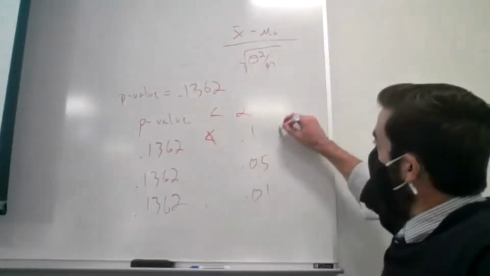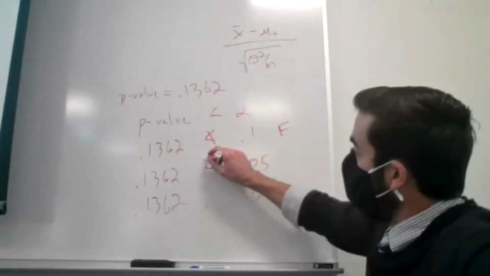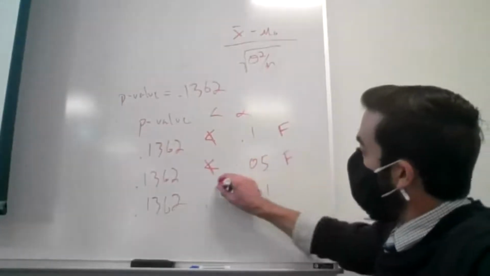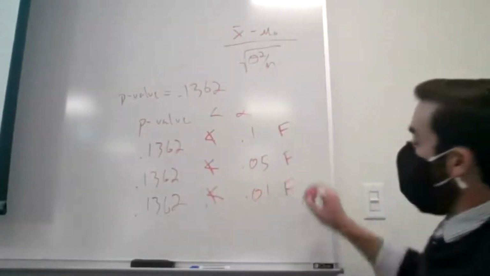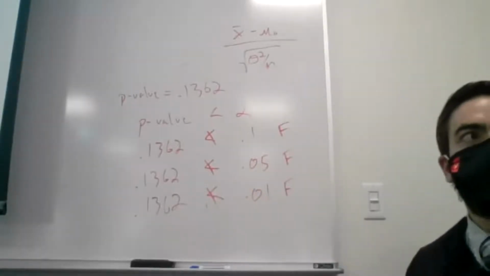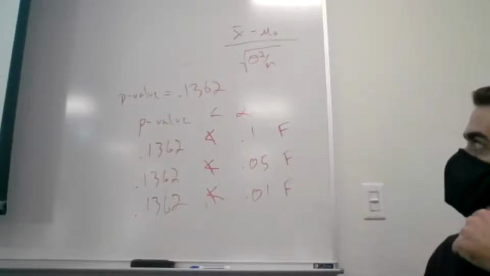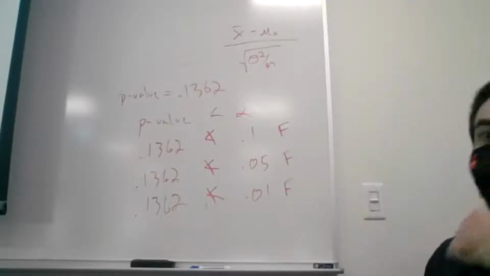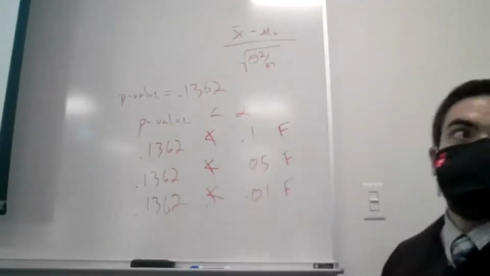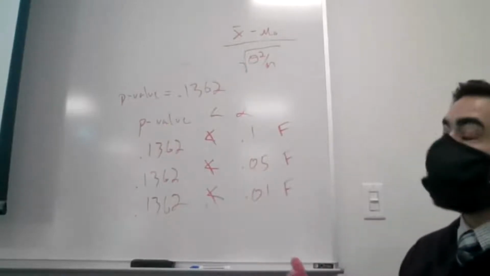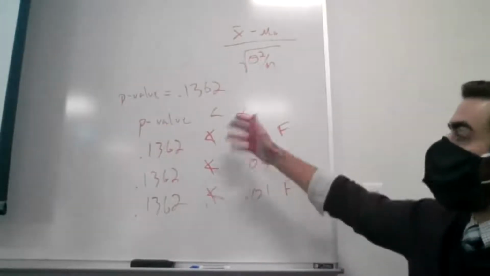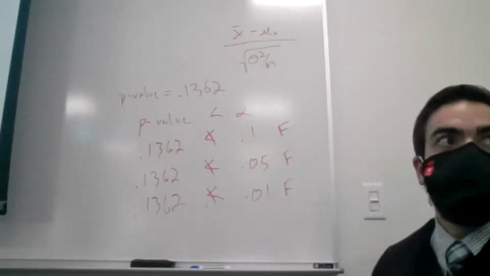No, so I would fail to reject. Is it less than 0.05? No, so I fail to reject. Is it less than 0.01? No, so I fail to reject there as well. So here we have an example where the sample evidence we found wasn't far enough away from the assumed true value such that we can reject it at any level, okay?